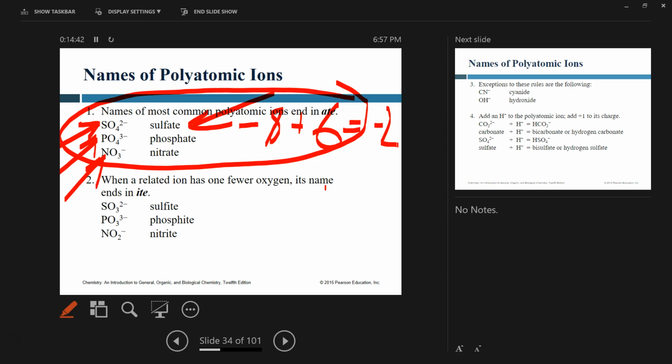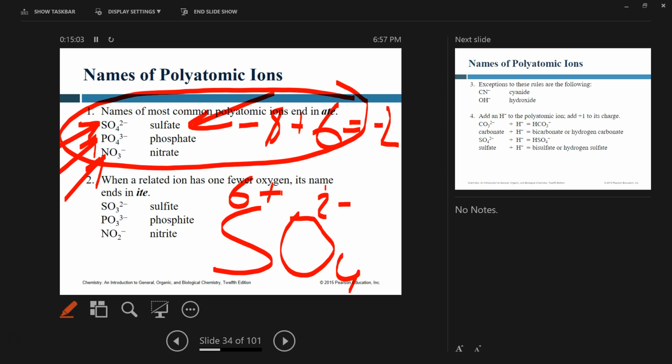Sometimes these numbers that we write down next to the atoms in polyatomic compounds, like S or 4, the number 2 minus that we write next to oxygen, and the number 6 plus that we write next to sulfur, are referred to as oxidation numbers.